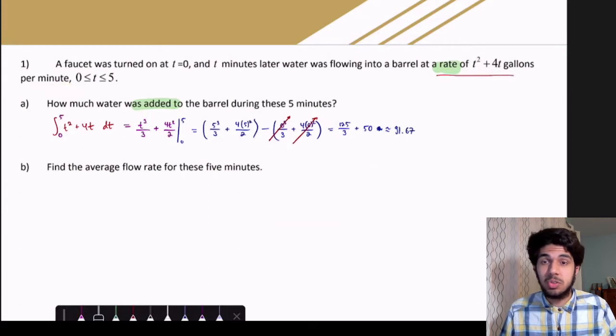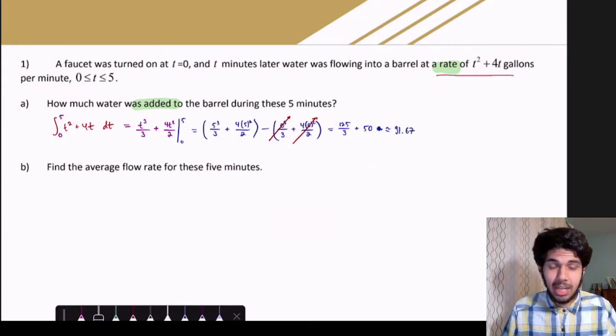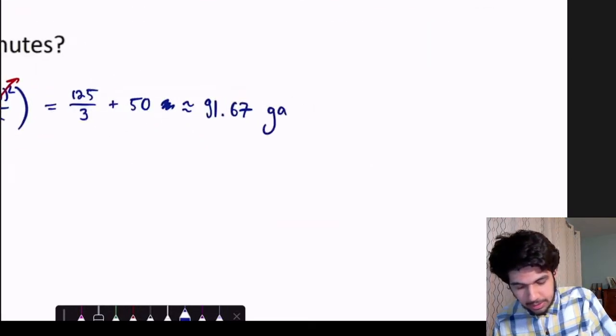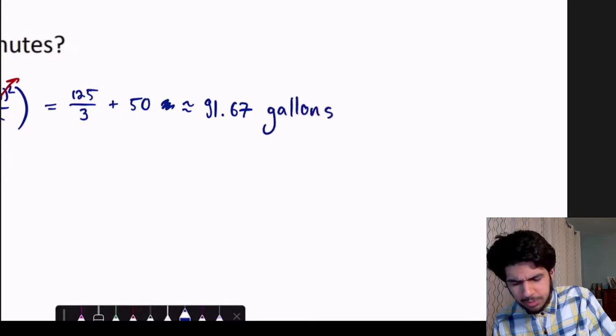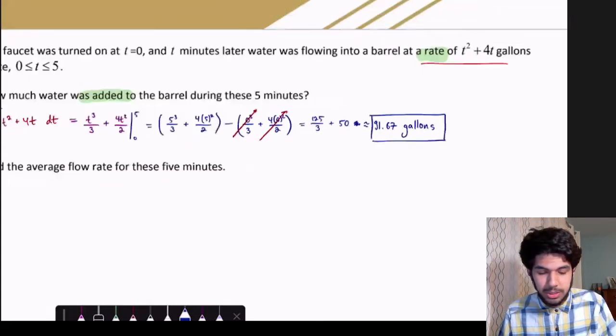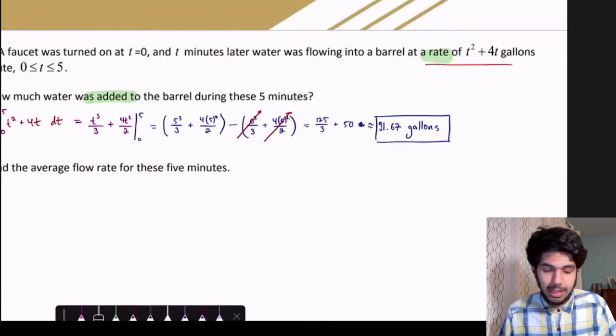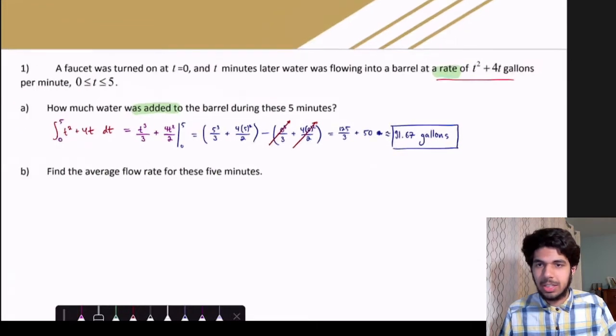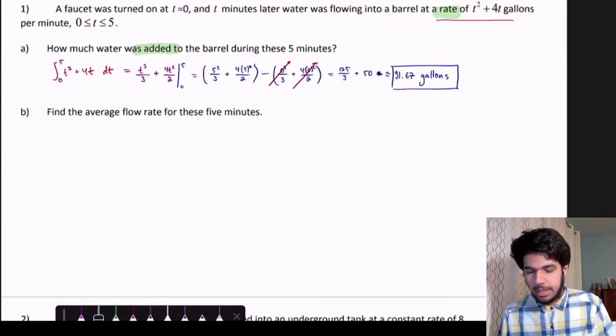We integrated with respect to t, which is time, in minutes, so that'll leave us with 91.67 gallons of water. And that should make sense because we were calculating the volume of water accumulated. So our units of gallons should match what the question's asking for. So that's part A. Now we have part B.